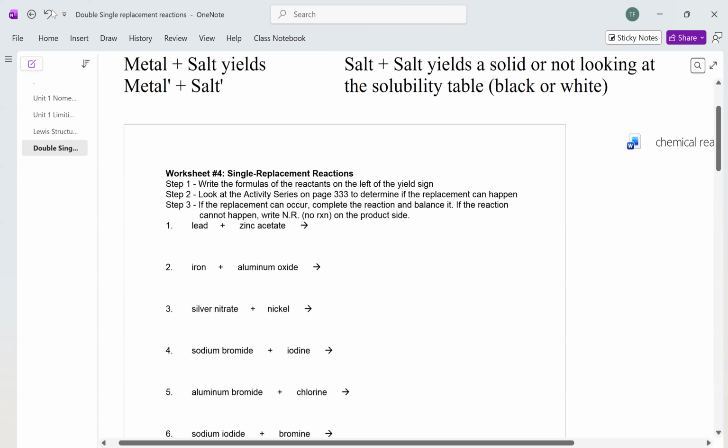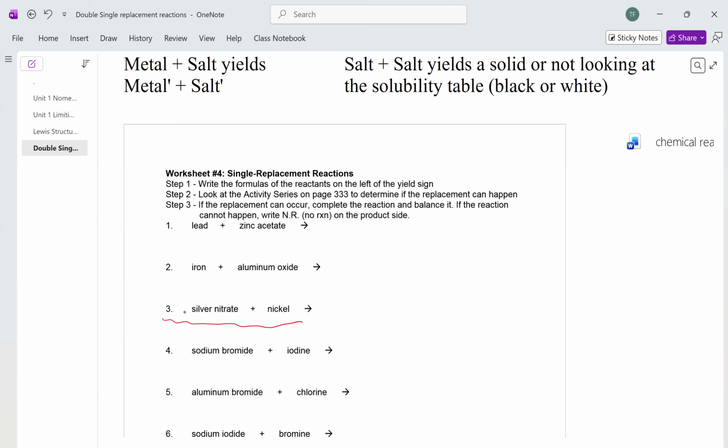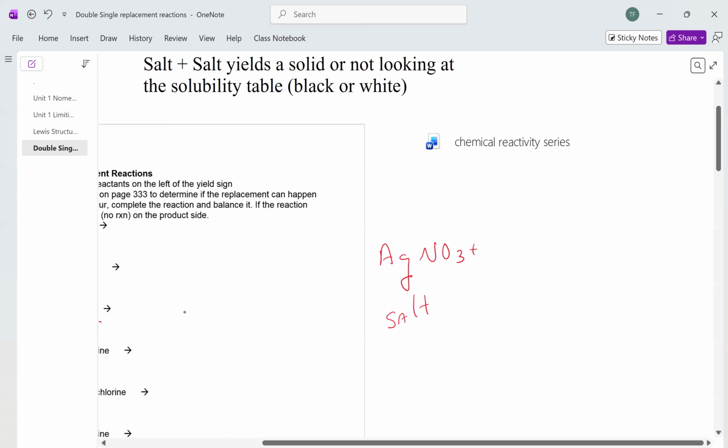So let's look at this one here. Okay, we have silver nitrate. That would be the salt, plus nickel, and this would be the metal.